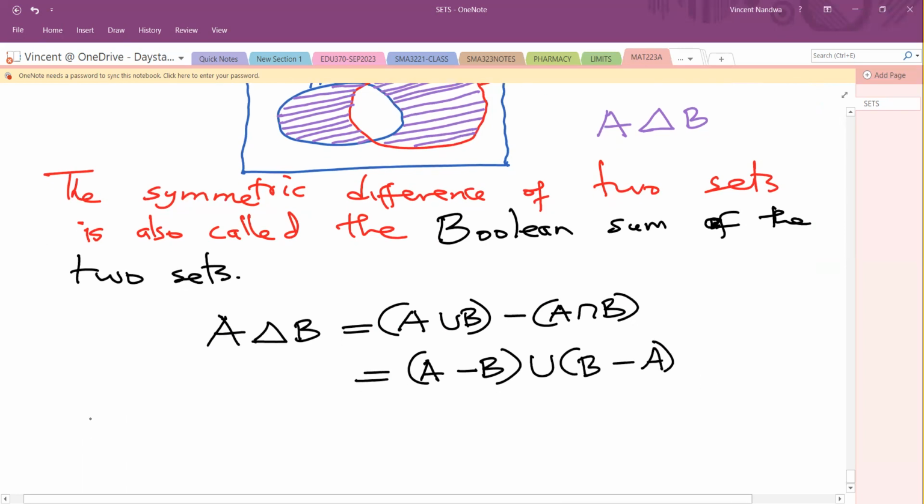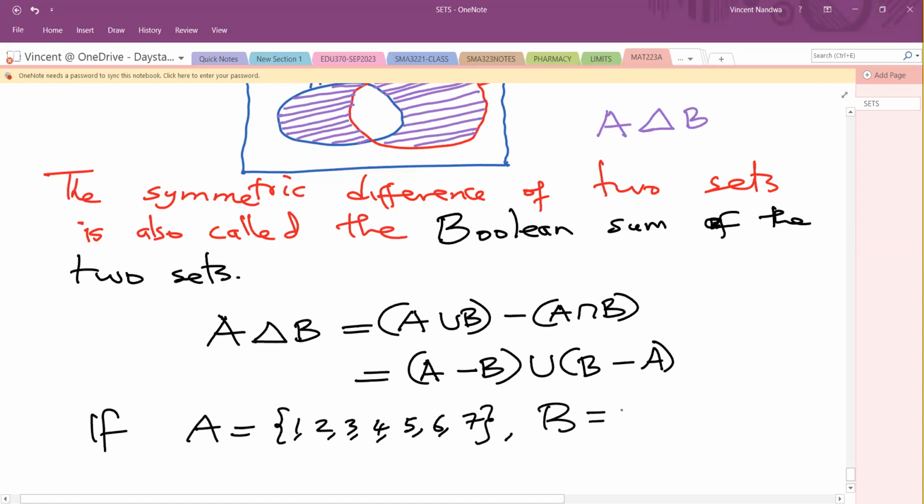So if someone asks you, find the symmetric difference of A and B given A is 1, 2, 3, 4, 5, 6, 7, and B is 0, 2, 4, 6, 8.